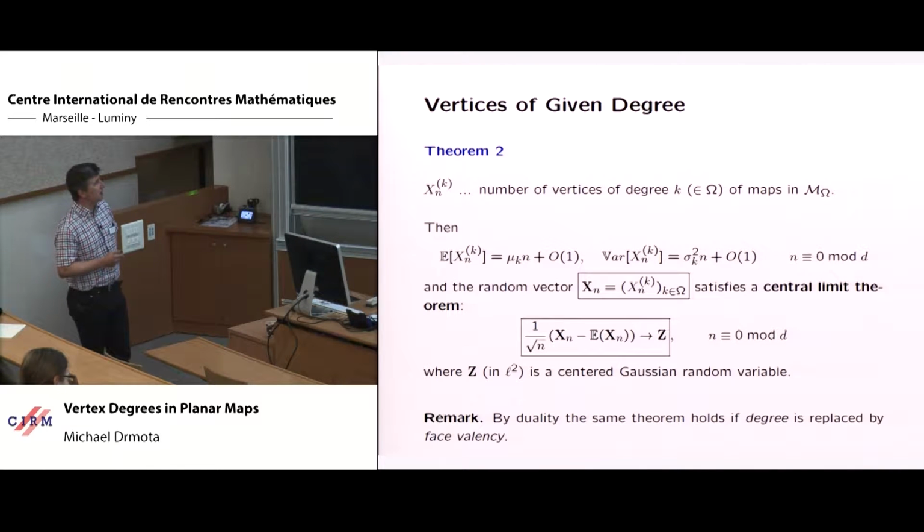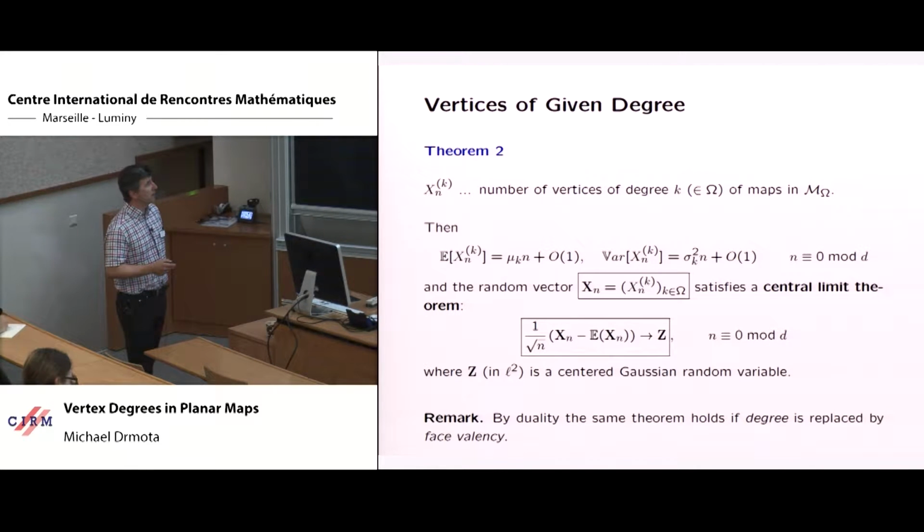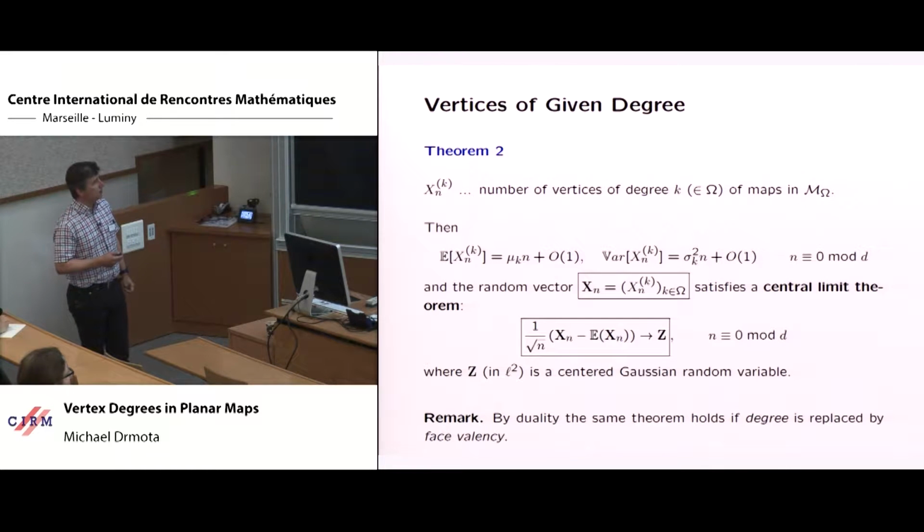Then you again have that the expected value and variance are linear in n, where n is the number of edges. And you can prove a very general version of a central limit theorem. You can put all these random variables together.